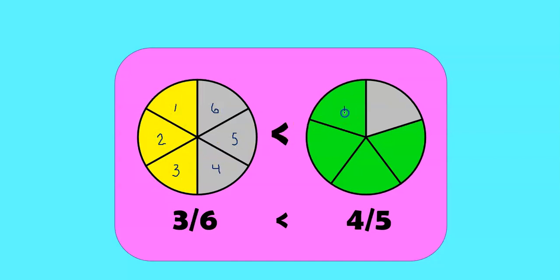Then over here, the same size pie is divided into 5 pieces. And I have 4 of those pieces colored in because my fraction is 4/5. And I can see that the colored in pieces of the 4/5 pie takes up more room than the colored pieces of the 3/6 pie.